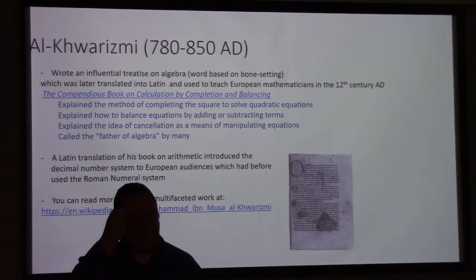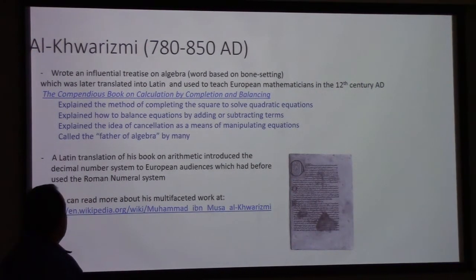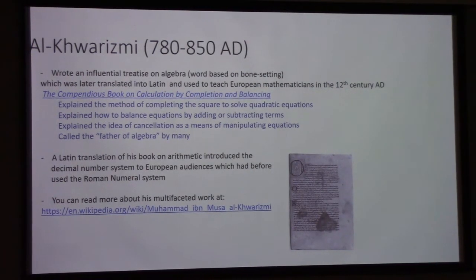Right? Algebra is a word from Persian culture, and he explained the method of completing the square to solve quadratic equations. He explained how to balance equations, adding and subtracting terms, the idea of cancellation. He's called the father of algebra by many, this fellow here.